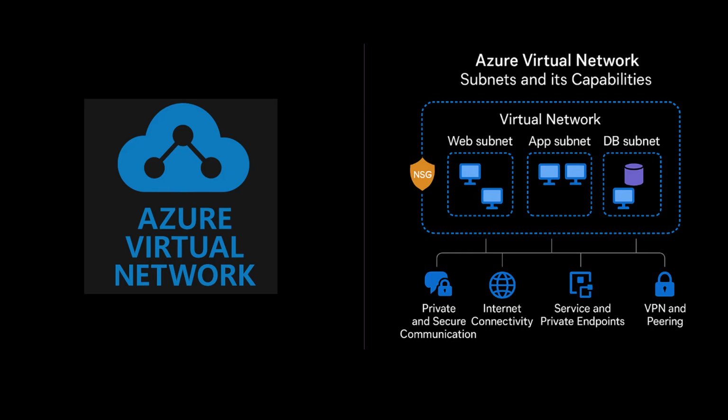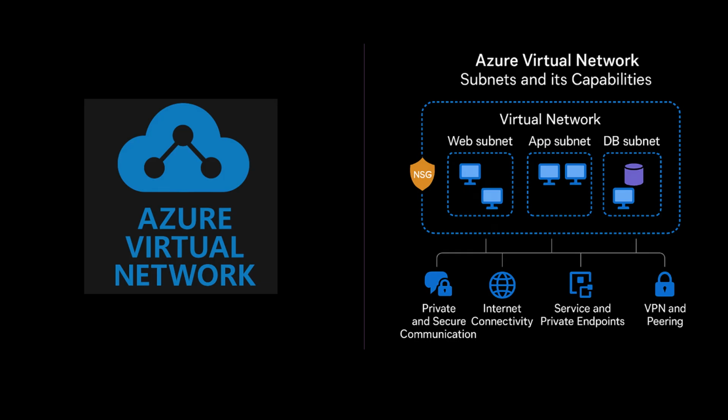Once you've got your VNet, the next step is subnetting, just like you do in traditional networks. Subnets let you divide your VNet into smaller manageable sections. Why? Because segmentation brings control and security. You can isolate front-end VMs from back-end databases or group resources with similar security and performance needs.